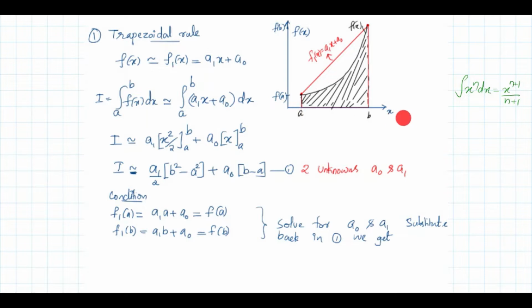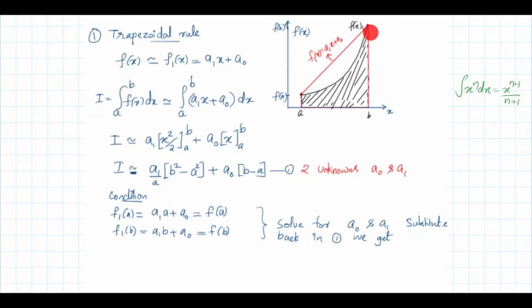Here you have the variable axis x, and the function axis f of x, and the original function is this black one, of somewhat quadratic nature, and the original answer for this integral is the area under this graph. But in the trapezoidal rule, we will approximate this function, or replace it, with a linear function which passes through the 2 endpoints.